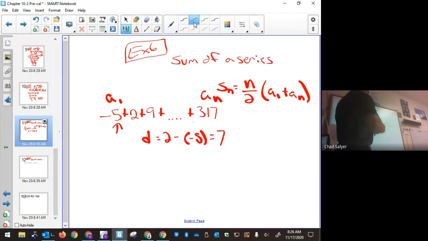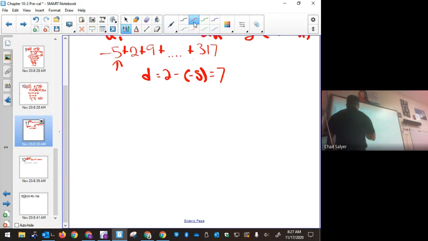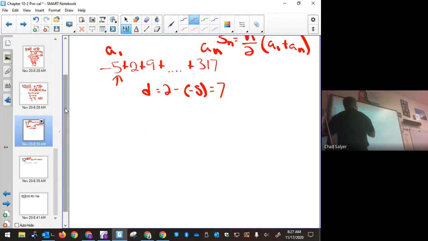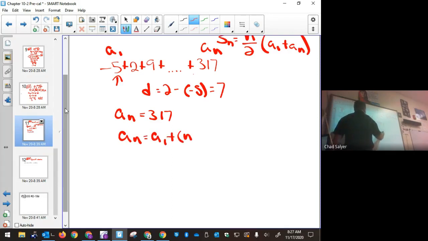So a sub 1 is negative 5, d is 7. So let's figure out what the n value is here. So a sub n equals 317, and a sub n equals a sub 1 plus n minus 1 times d. So I can set these two values equal.